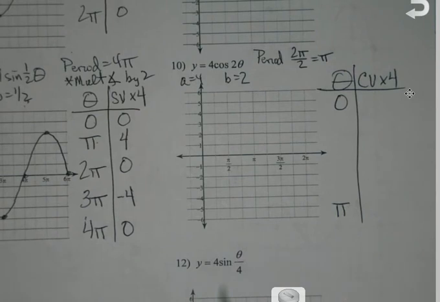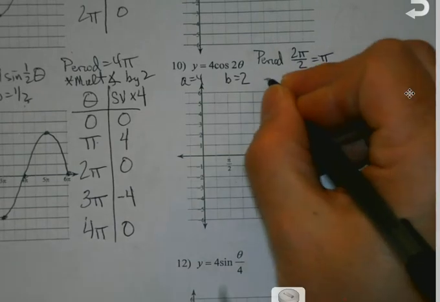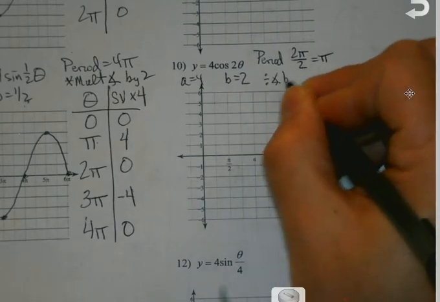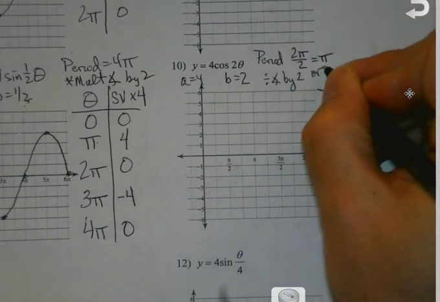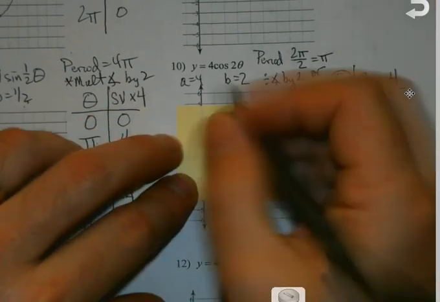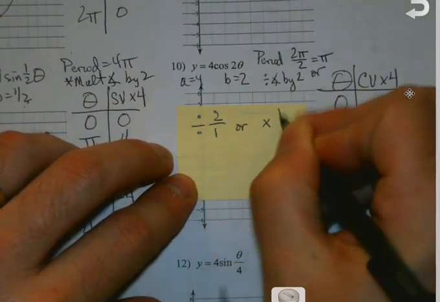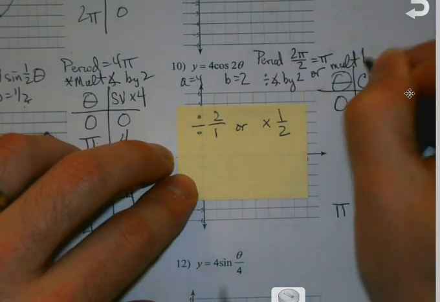Okay, so here we're dividing by 2, so we divide each angle by 2. Or, when you divide by 2, multiply by the reciprocal. That's what I like to do.